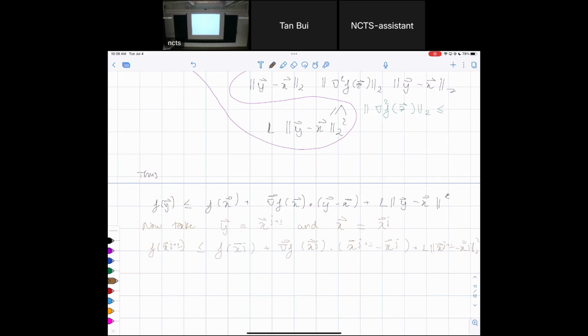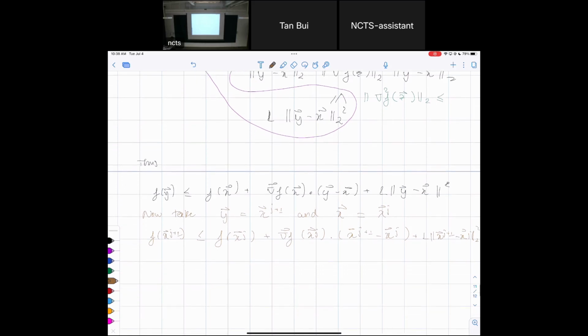Okay, now we're going to use gradient descent, because in gradient descent we have x_j, right, by the gradient descent iterations.